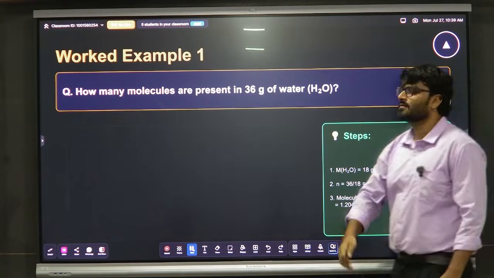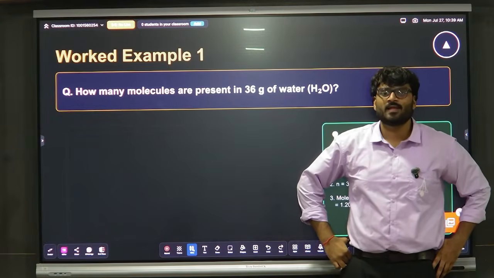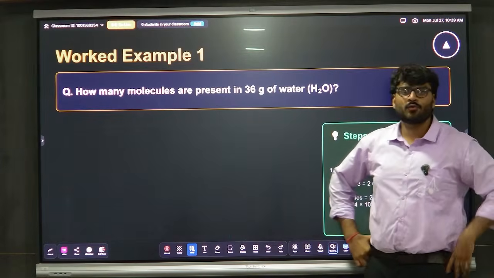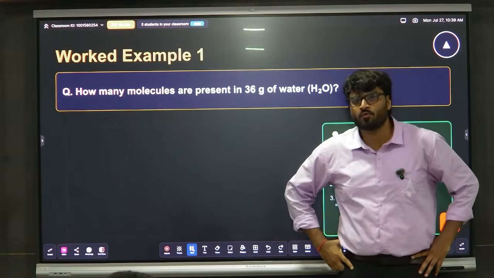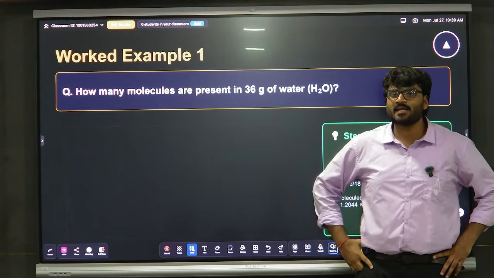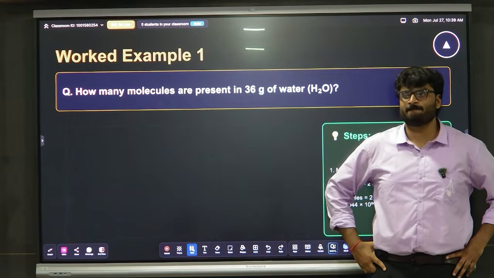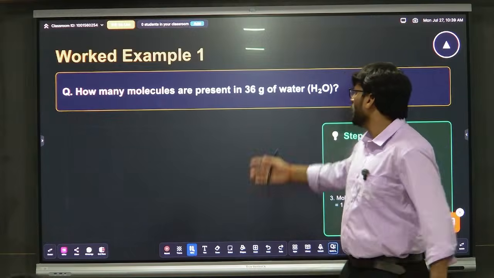This question. Don't see the answer. Tell me the answer. New guys, solve it. How many molecules are present in 36 grams of water? I guess I extended this question to ions, to charge. I think you all can do it very easily.